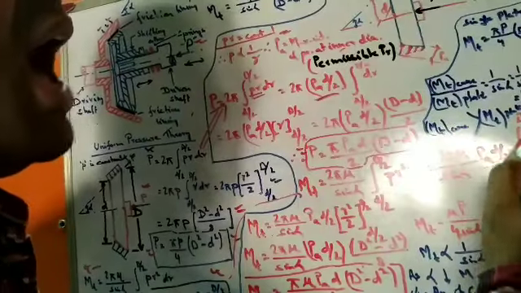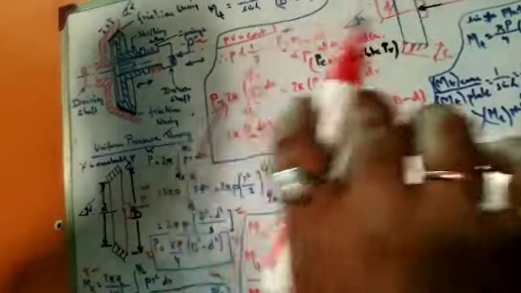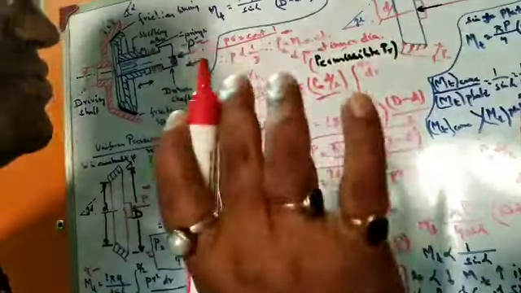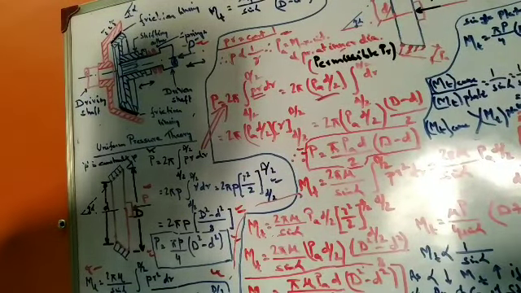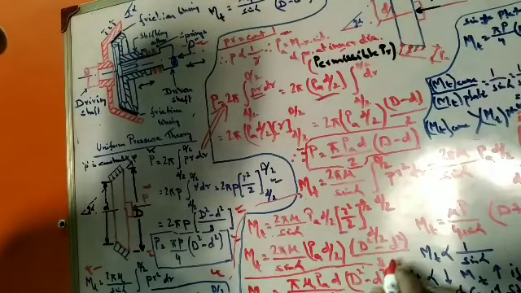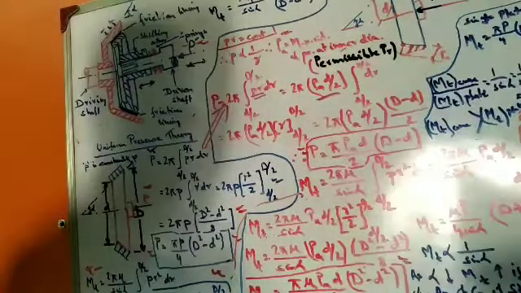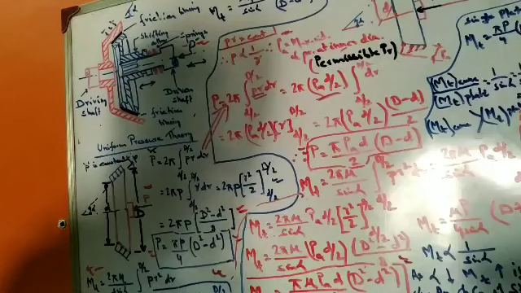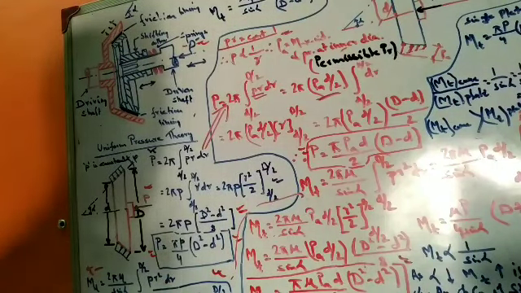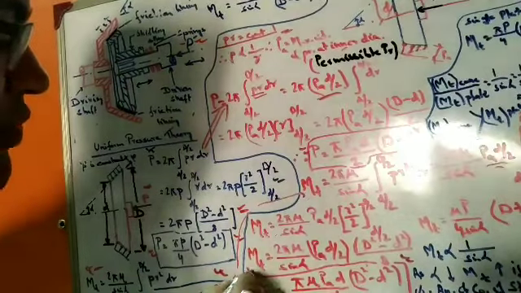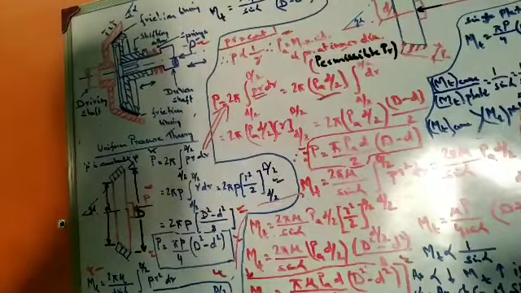This is the constant, and the remaining R is left for integration. When we integrate, we get the ultimate equation: Mt equals pi mu P_a d into (D square minus d square) by 8 sin alpha. This is the torque transmitted to the driving shaft.